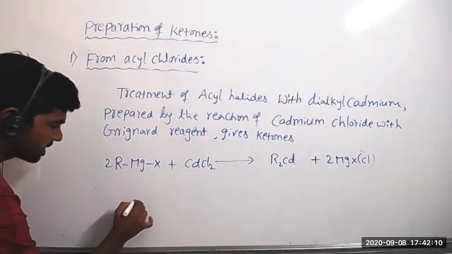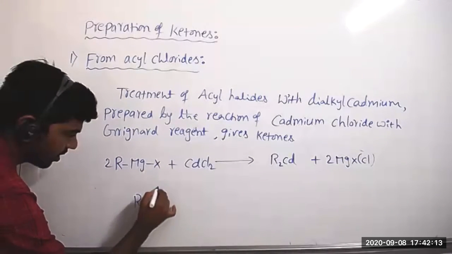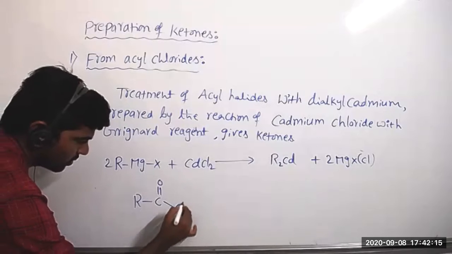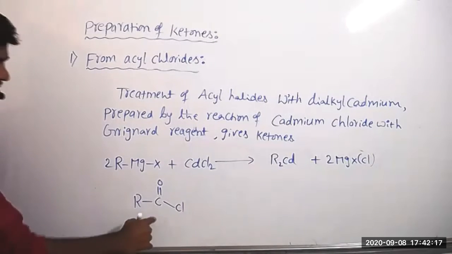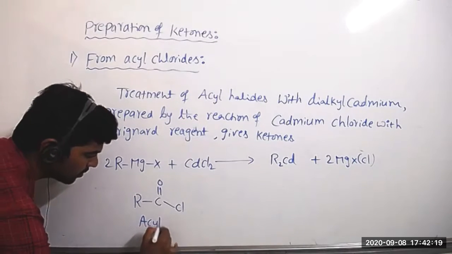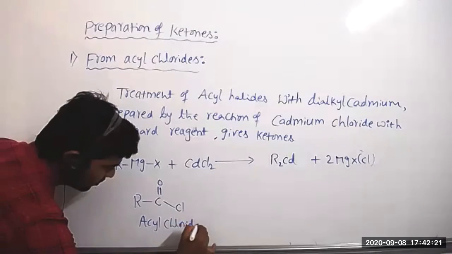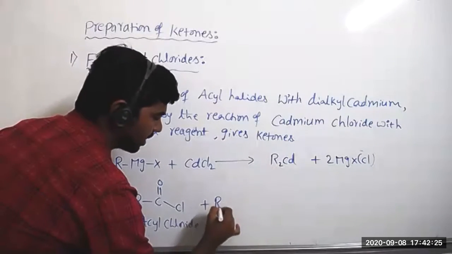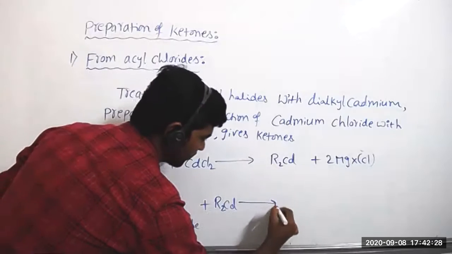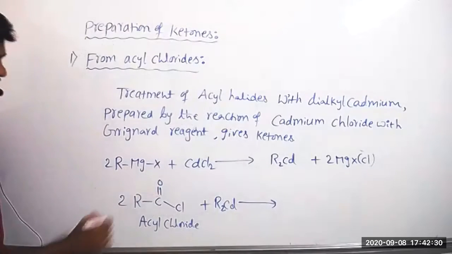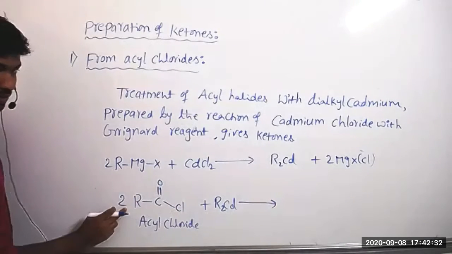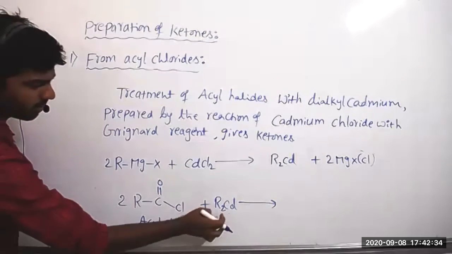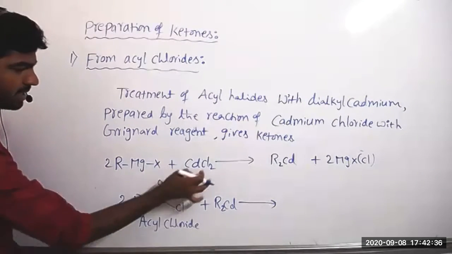Now this is dialkyl cadmium. That is treated with acyl chloride. This is acyl chloride, treated with dialkyl cadmium. Now this takes 2 moles. Here 2 chlorines are there. Because of 2 moles, 2 chlorine atoms are replaced by 2 R groups, and the byproduct is again CdCl2.